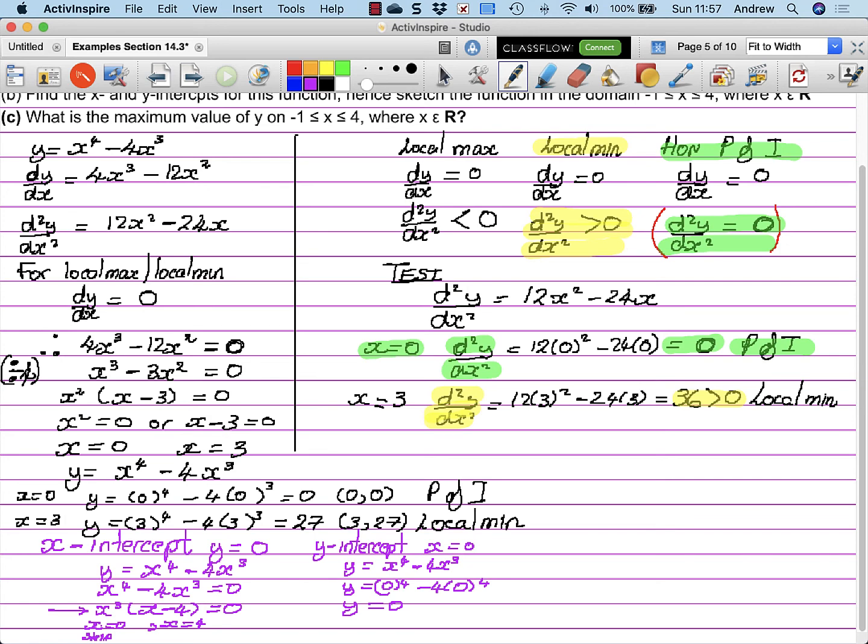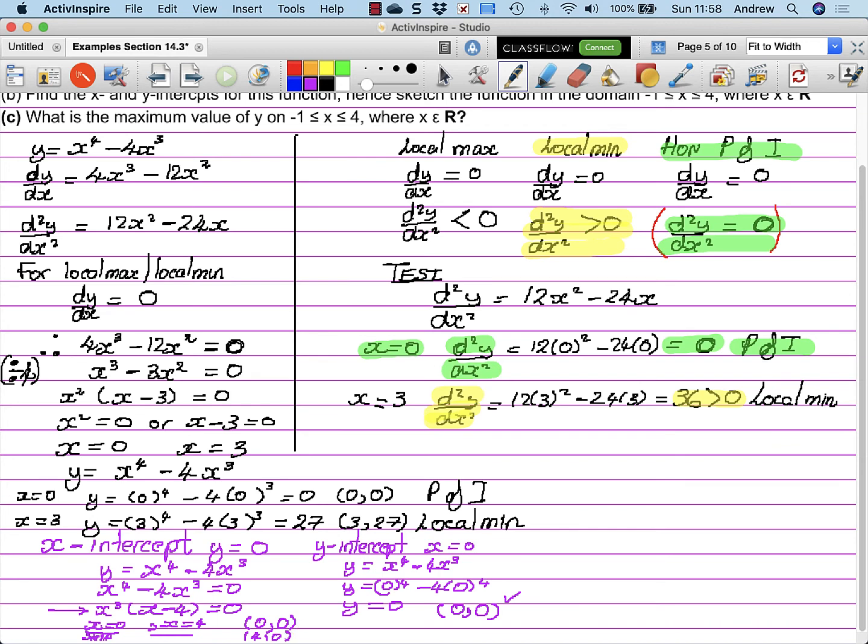So this intercept is going to be x equals 0 and y equals 0. I forgot to write down the coordinates for these ones. So when x equals 0, y equals 0, so there was no need to do this. Whoops. And we've also got when x equals 4, y is equal to 0.